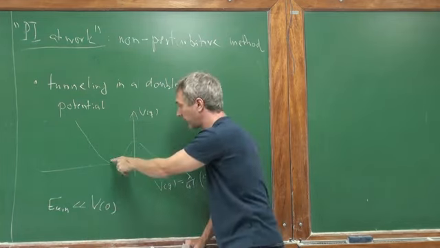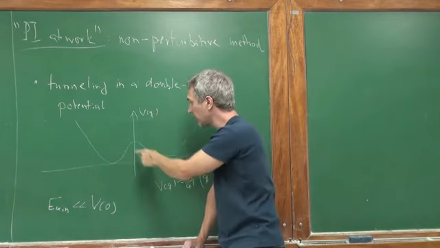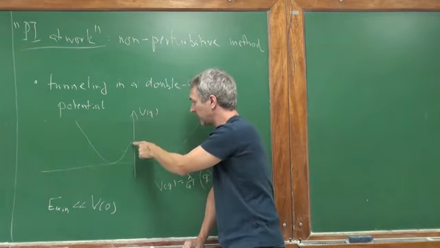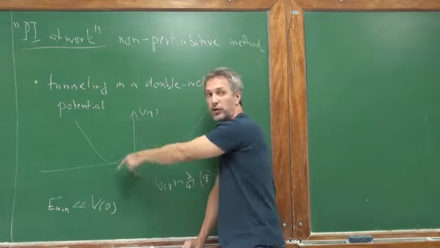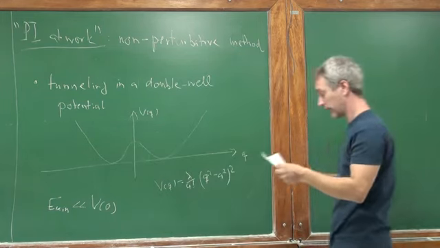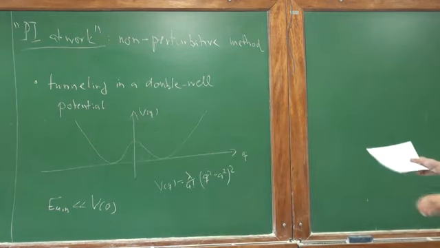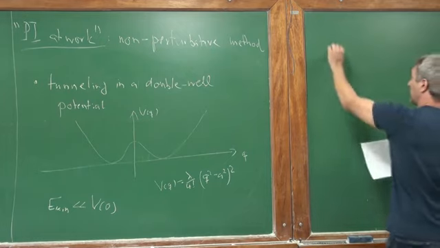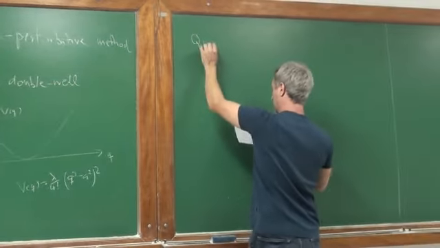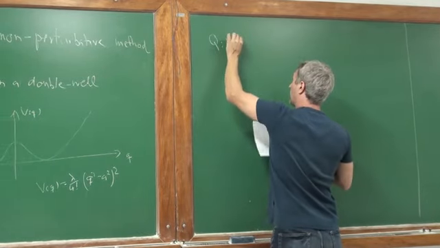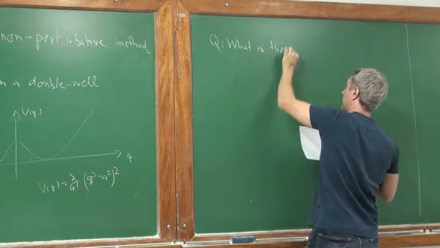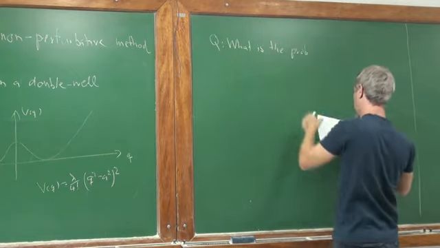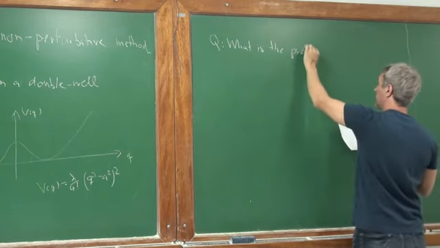Okay, so I have some particle trapped in some minimum, and the kinetic energy is very small, such that it cannot simply overcome this barrier here. So that's the situation, and the question that we want to ask is, what is the probability that the particle will tunnel from one minimum to the other?